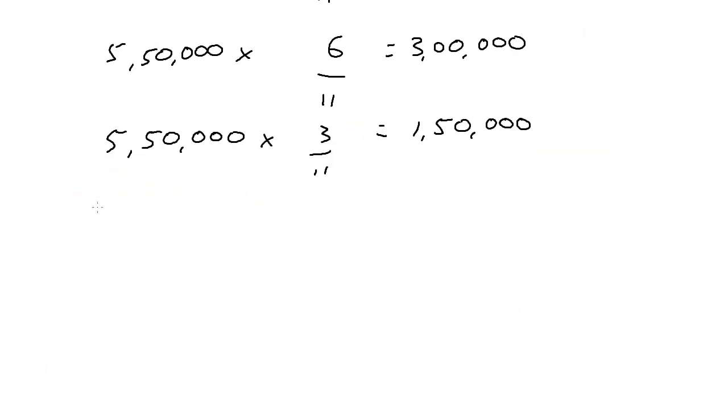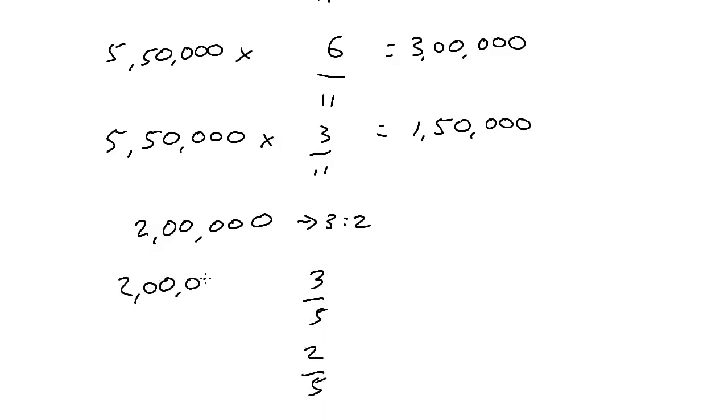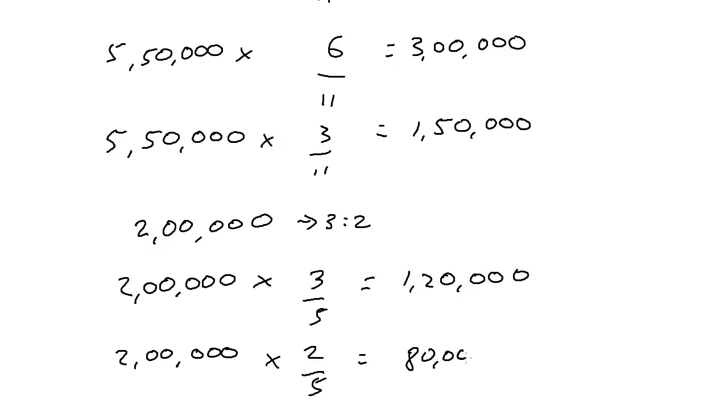Okay, so 2 lakhs to be broken up in the ratio 3:2. So it's going to be 3 by 5. Okay, add both the numbers and 2 by 5. So it's going to be 2 lakhs into 3 by 5 and 2 lakhs into 2 by 5. Okay, so you're going to end up with 1,20,000 here and 80,000 over here.